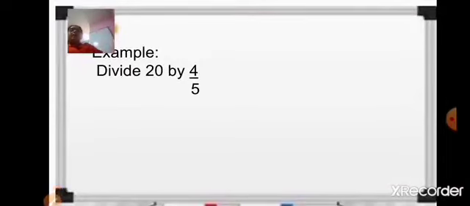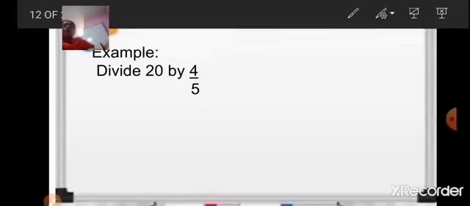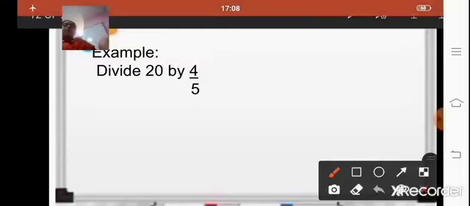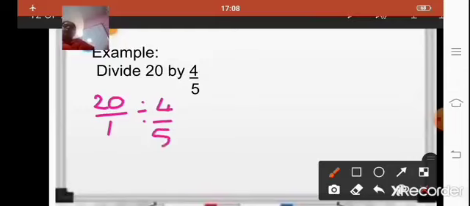Let us start with an example here. Now here you have to divide 20, a whole number, by 4 upon 5. Now if you are dividing 20, you'll write the denominator as 1, that is 20 upon 1 divided by 4 upon 5.